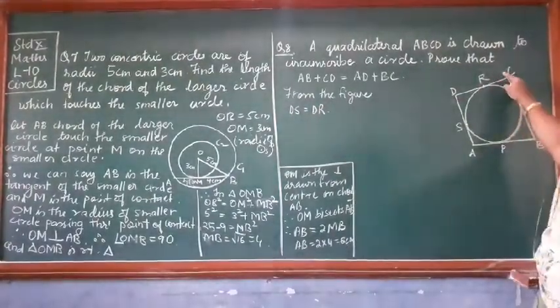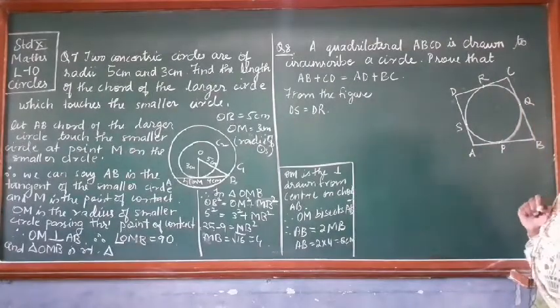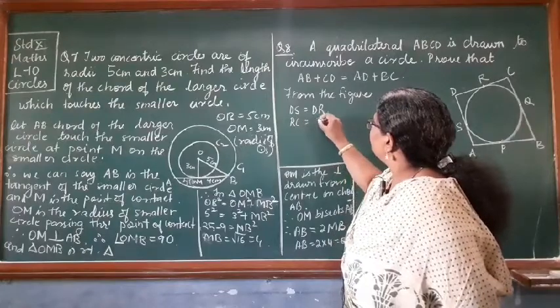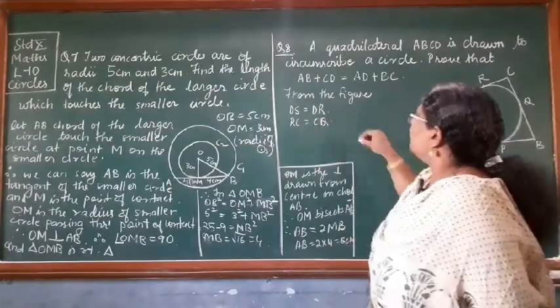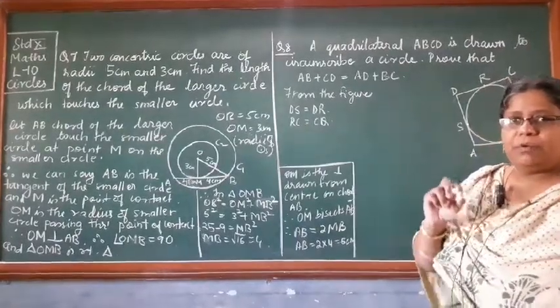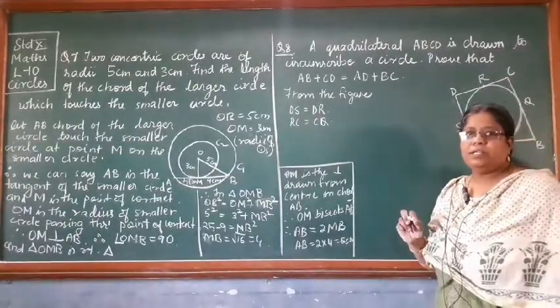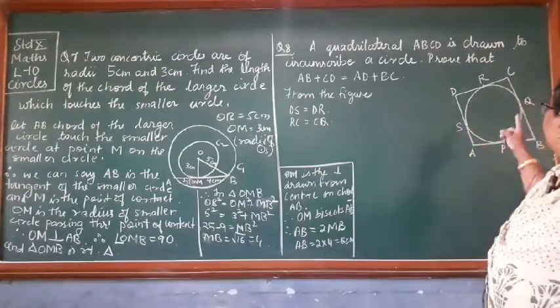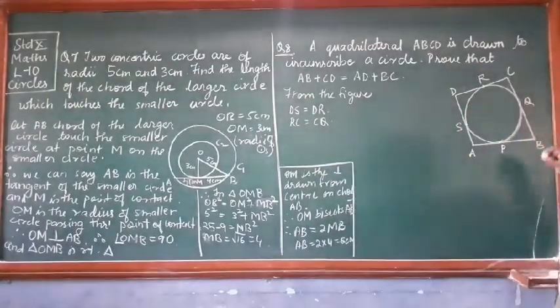Similarly, we can say that RC is equal to CQ. ये सबका reason एक है, the length of the tangent from the external point is always equal. Okay. So RC will be equal to CQ.